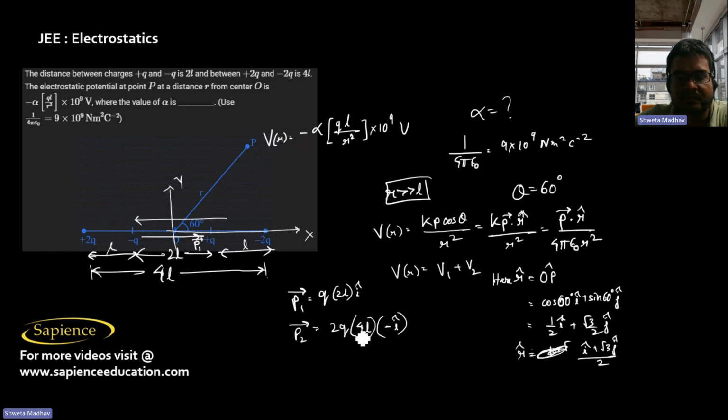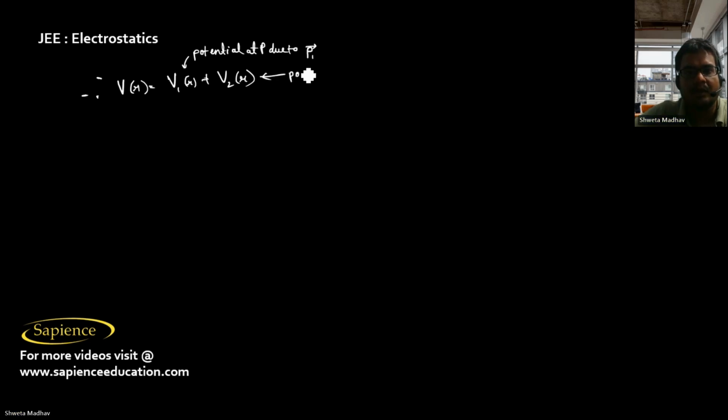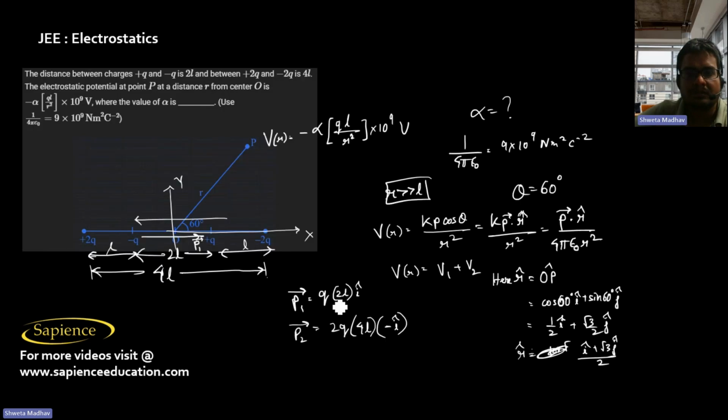Therefore, V at the point R will be equal to V1 at the point R plus V2 at the point R. Means V1, I am saying, is the electrostatic potential at the point P due to the dipole P1, and V2 is the potential at the point P due to the dipole P2, where P1 is Q into 2L I cap and P2 is 2Q into 4L minus I cap.